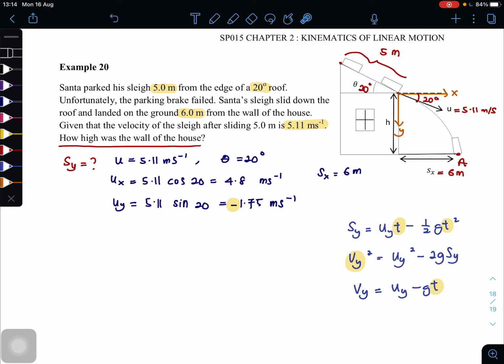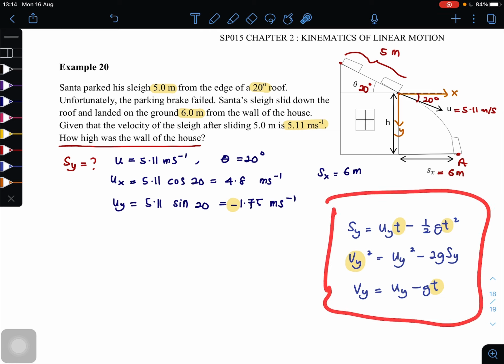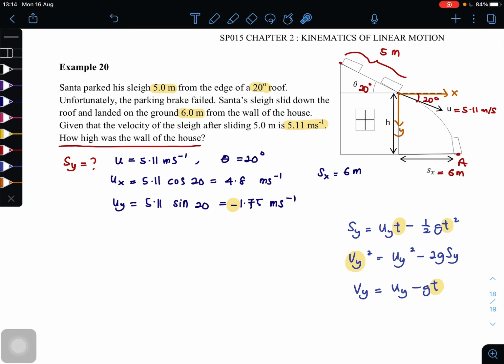How do we find the value for t? Okay, so we need to look at the X component. This one is the equation for the Y component, and we don't have enough information. So let's look at the equation for the X component. Now for the X component, we are given one piece of information, which is SX. So SX is equal to UX t. Okay, so we have SX, and then we have UX, which is here. So we can find the value for t. Here t is the time of travel from the point here to the point here.